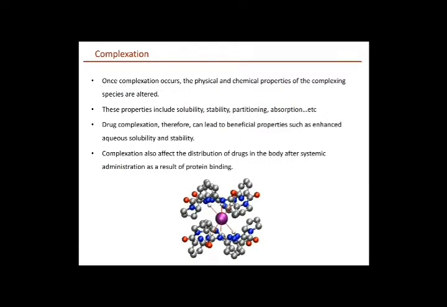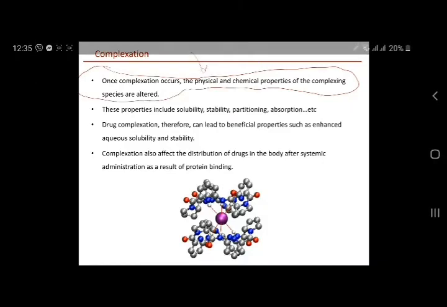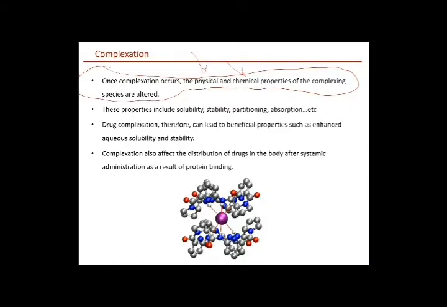Now, this line is really important. Once complexation occurs, the physical and chemical properties of the complexing species will be changed or altered. Why is this important?